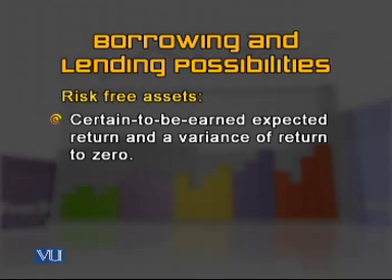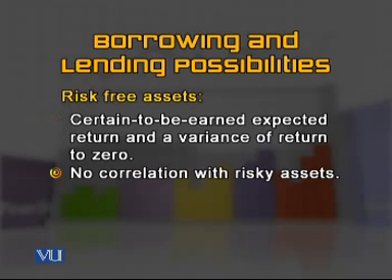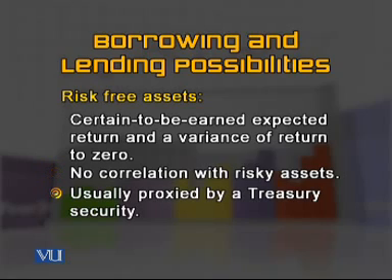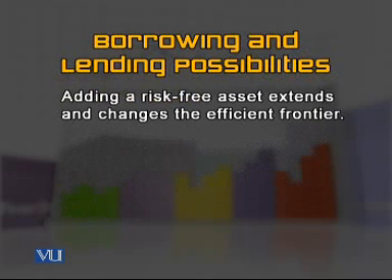That is what we understood by the assumptions, plus the fact that there's no correlation with risky assets, usually proxied by a treasury bill. These are things we have to take into account when talking about portfolio management and choices, and adding a risk-free asset changes the efficient frontier.